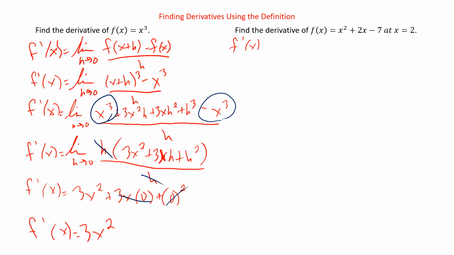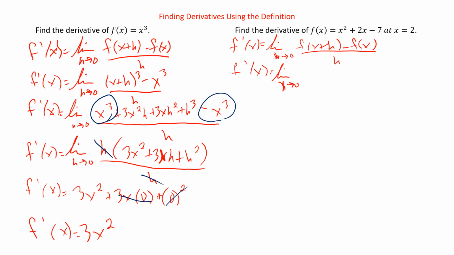f prime of x equals the limit as h goes to 0 of f of x plus h minus f of x over h. And yes, I tend to write down the equation every single time because now I can plug stuff into it. f prime of x equals the limit as h goes to 0. f of x plus h means we're going to plug x plus h into both the x's.